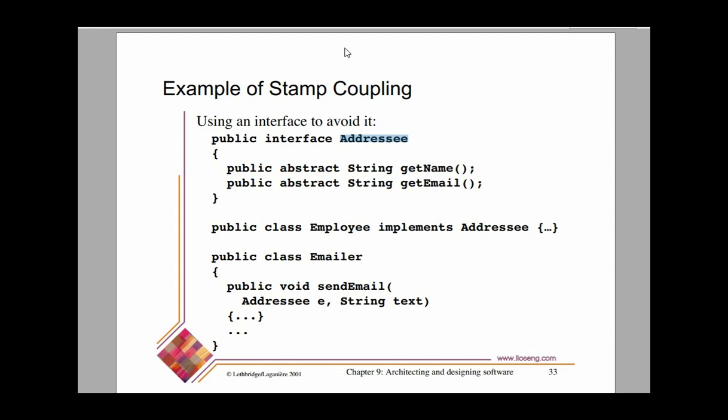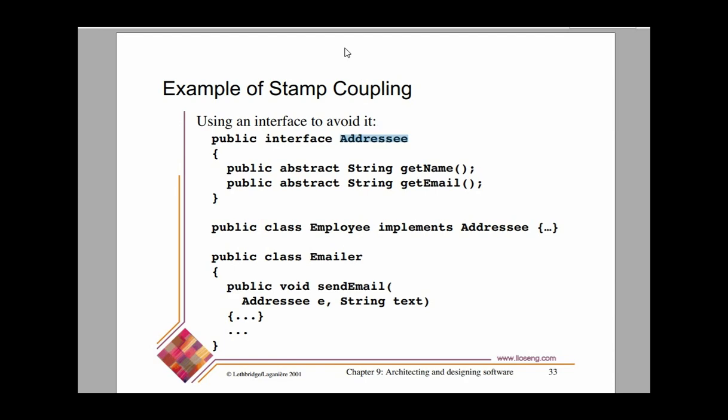Got it? So now let's say, instead of using the object Employee, I am going to use a reference for an interface, known as Address. Now in case I replace the Employee class object with the interface reference, the stamp coupling is reduced.